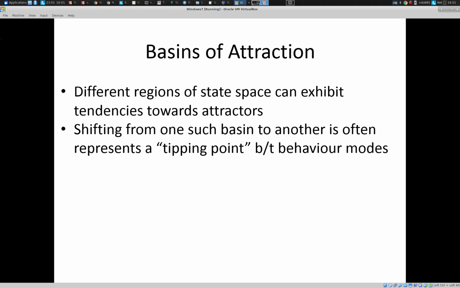Another feature of nonlinear systems is that we'll have different basins of attraction. If we have a model of a complex system, there may be certain parameter values where it reliably ends up in one situation. But if we can just get it far enough along, it may end up in a very different situation.